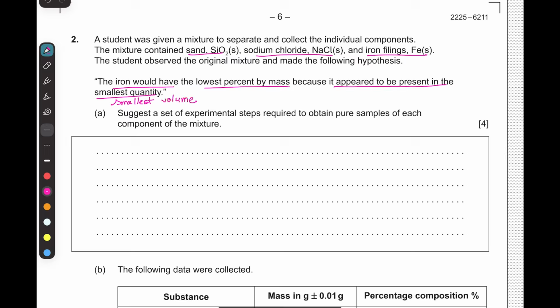Suggest a set of experimental steps required to obtain pure samples of each component of the mixture. Okay, so first we can use a magnet to separate out the iron filings.